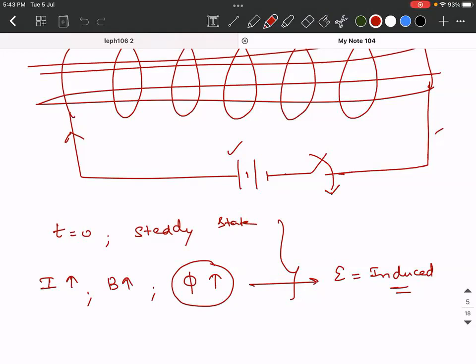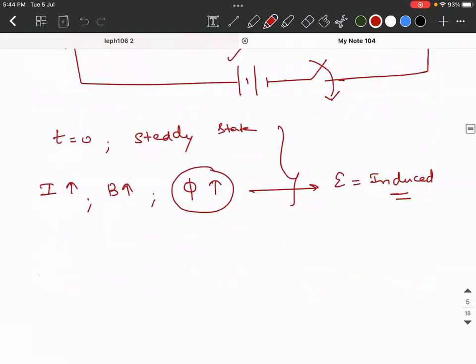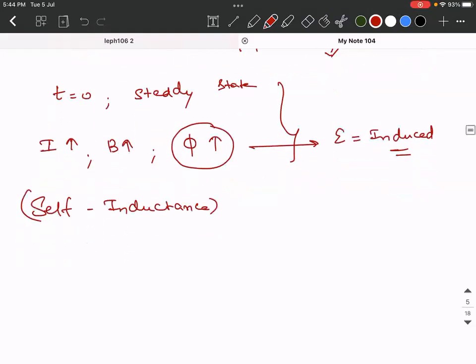Is that not what is happening there? Right. So the change in flux is taking place due to its own current, and the EMF is generated due to the change in its own flux. So that is why this kind of an inductance is also called as self-inductance. So what is it called as? It's called as self-inductance.